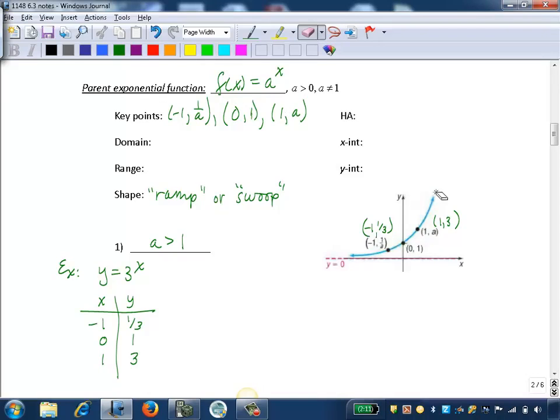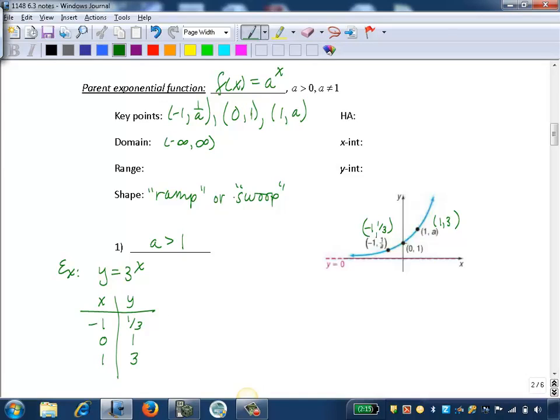If we look at the domain of this function, it's negative infinity to infinity. But our range, this function is actually bounded by the x-axis, or the line y equals 0. This is a horizontal asymptote. No matter what value of x we plug into this function, we're never going to get out a negative y value, because even if we raise a to a negative exponent, like negative 1, we still get a positive number, a fraction.